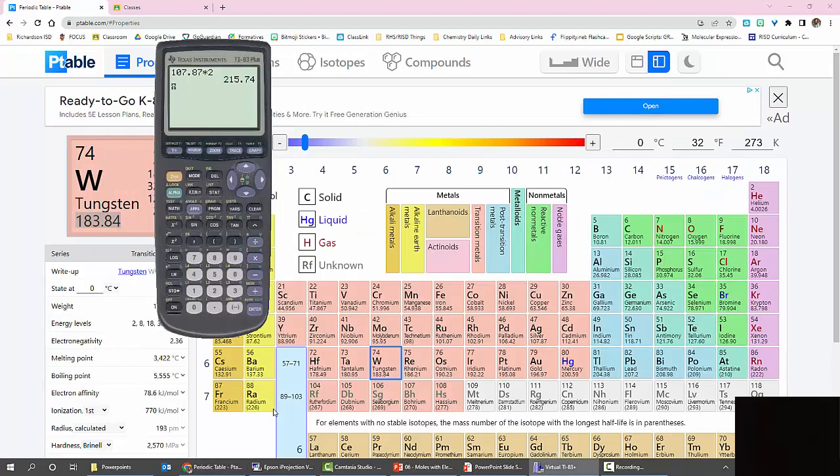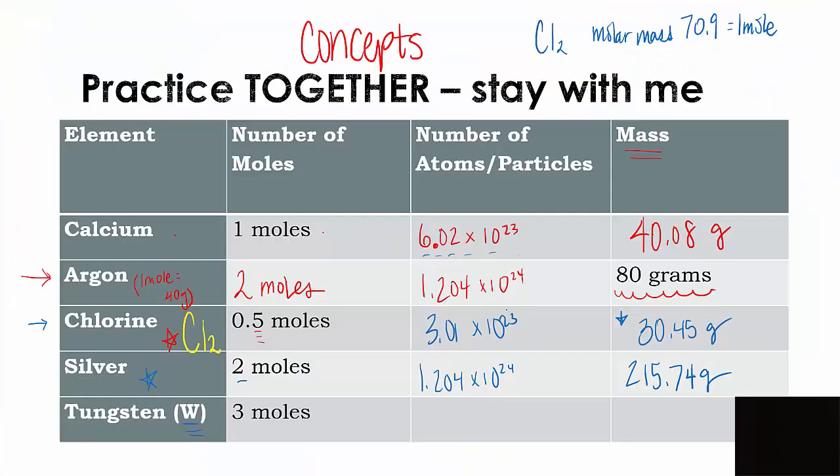183.84, times 3, 551.52. That's 3 moles. 551.52 grams.